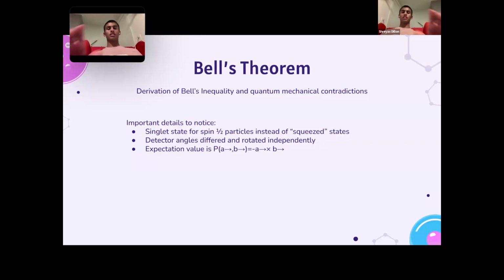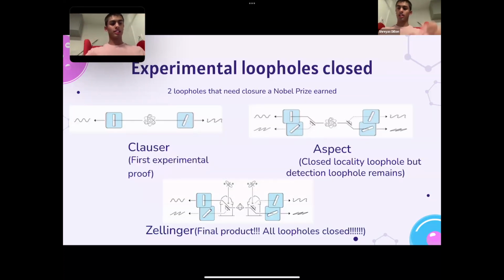And just a little something before we get into the actual math: the expectation value for the probability of A, B, so the probability of a measurement based on A and B, is going to be -A times B. Remember, these vectors just represent the angle of the detector. So you have negative the angle of A times B. And now we're going to get into the derivation of the actual theorem.